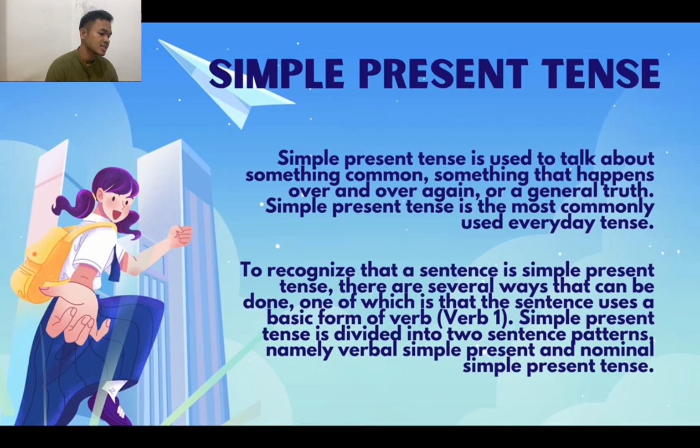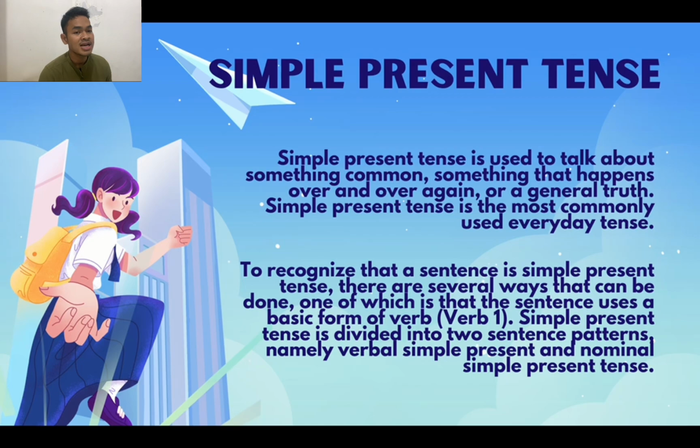Simple present tense is used to talk about something common, something that happens over and over again, or a general truth. Simple present tense is the most commonly used everyday tense. To recognize that a sentence is in simple present tense, there are several ways.